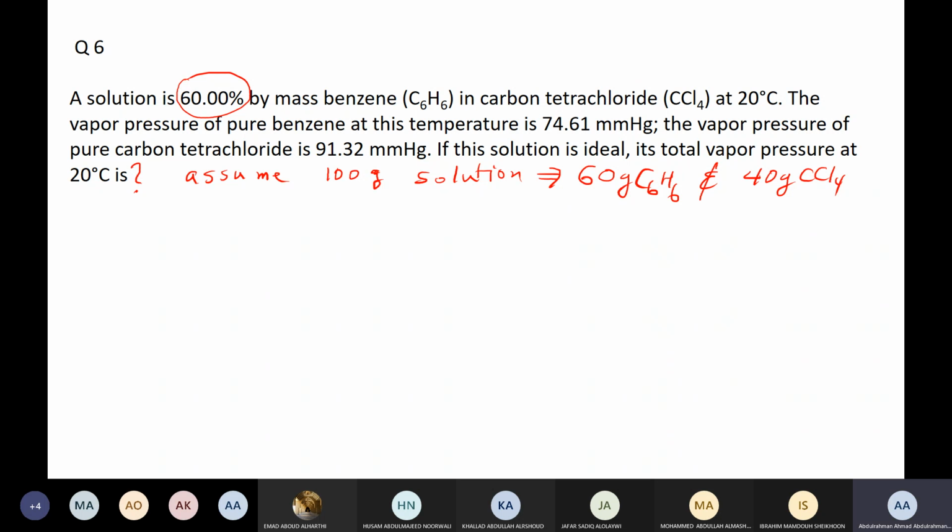What's the next step? Finding the pressure for each one. Yeah, no, before that. Finding the mole. Yes. Change everything to mole. And now, please.